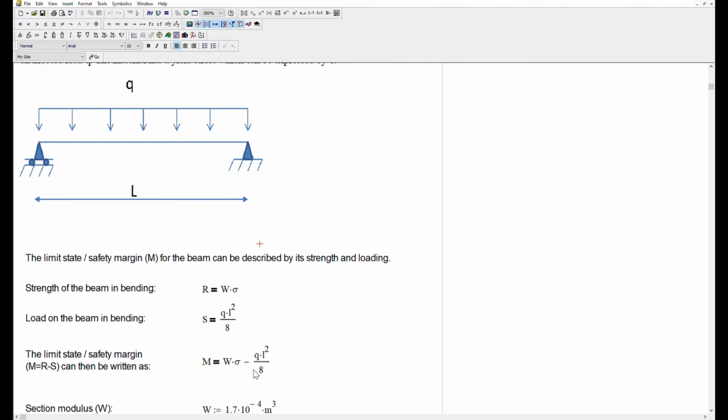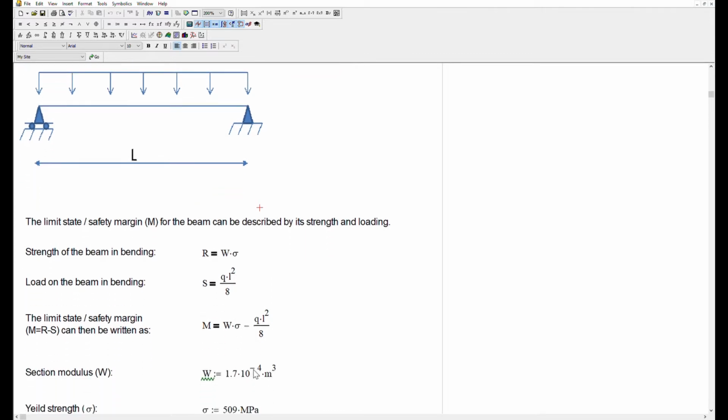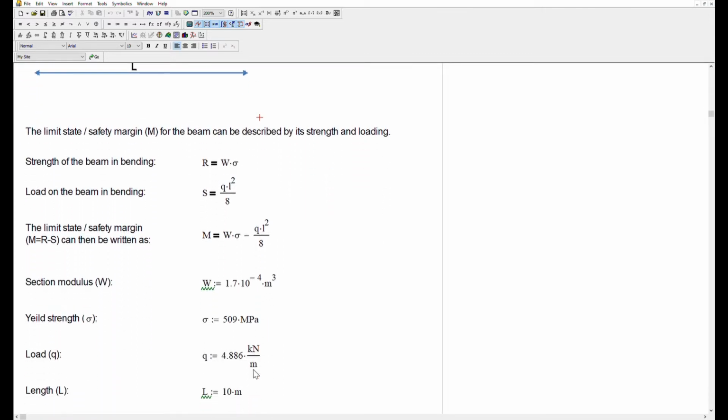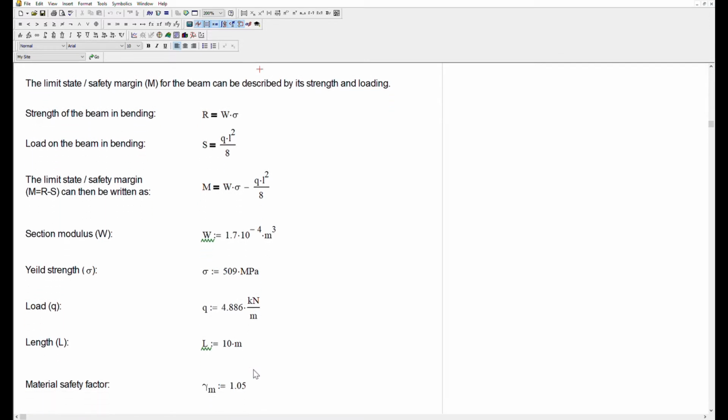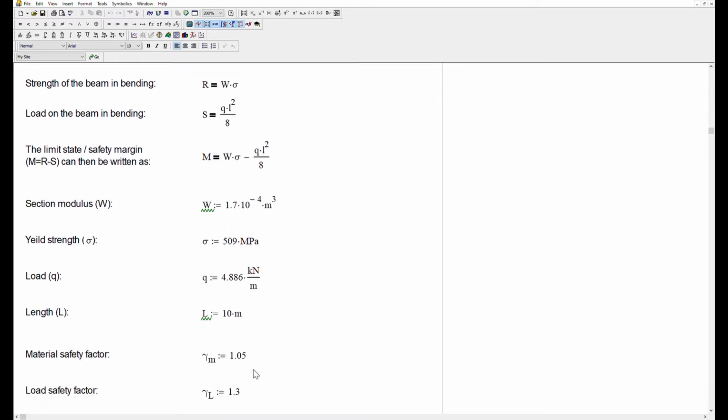So here in this first example we are looking at design by limit state method, and then of course we need to define the different values: section modulus, yield strength, the load Q and the length. And in addition we need material safety factors and load safety factors, which are typically taken from standards.